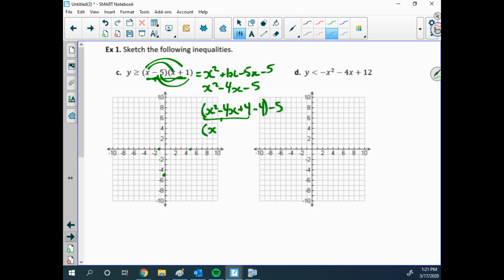So that would be x minus 2 all to the power of 2 to make a perfect square trinomial. And I kick that out, times it by 1. So minus 4 minus 5 is going to be minus 9. So there would be a vertex at 2, negative 9. So 2, negative 9. And once I have about 3 points, that should give me more than enough information just to sketch my function here.